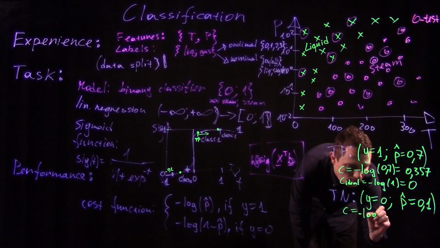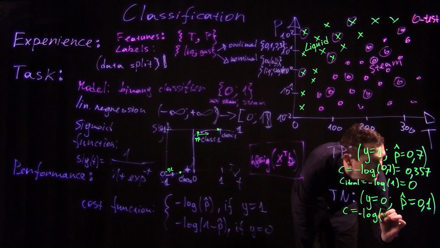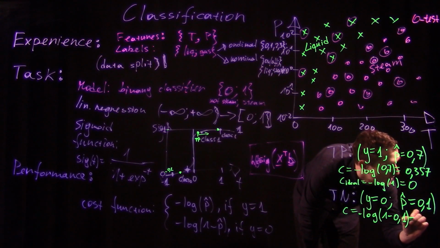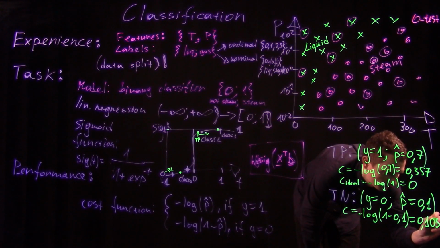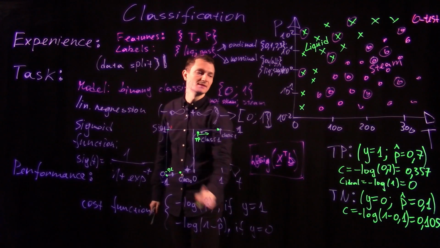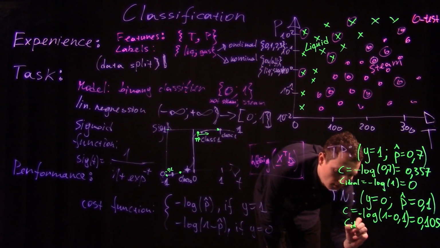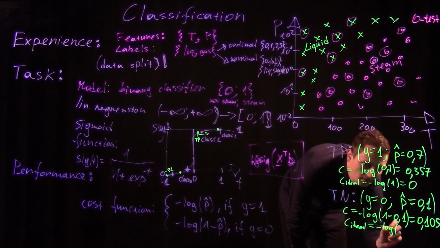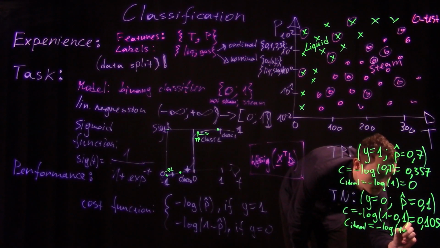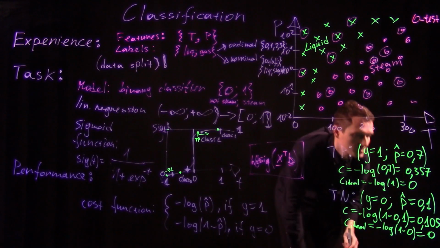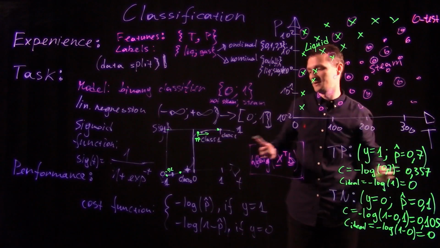Now we'll calculate it, and it will be minus logarithm of 1 minus 0.1, and it will be around 0.105. In the ideal case, if the probability is 0, for true negative, it will be again minus logarithm of 1 minus 0, and it will be 0. So no contribution. That's why ideal cases are ideal.